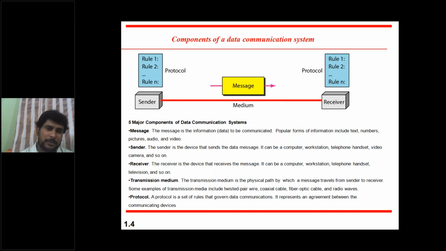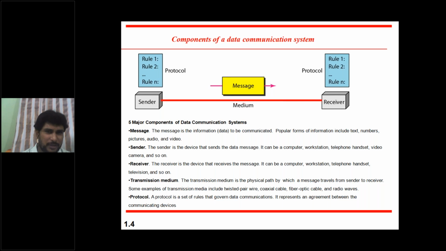Now, the most important, the fifth one, which we have to understand is that to send the information from the source to the destination, we definitely need to follow a certain set of rules and procedures that guide us how the data communication has to happen. Those set of rules, we refer to as protocols.